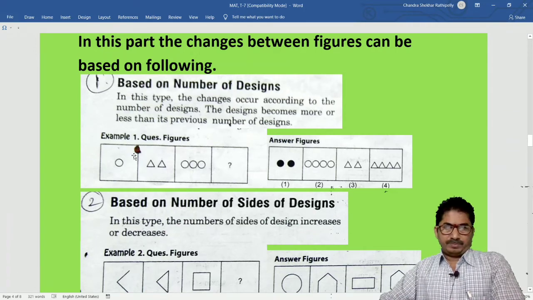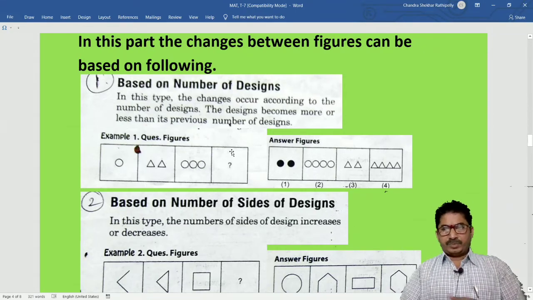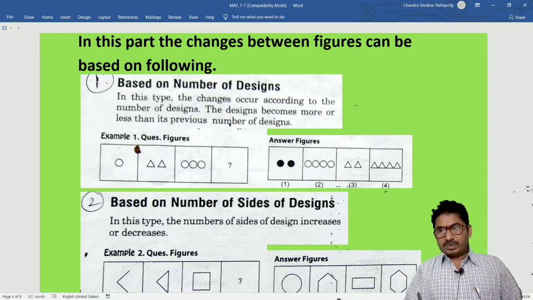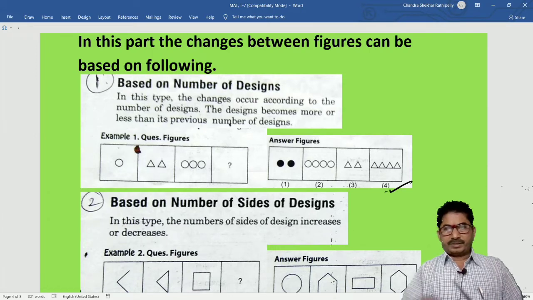For example, question figures, here answer figures. Small circle, two triangles, three circles. Next to one, two, three, four triangles will come. So option 4 is correct.